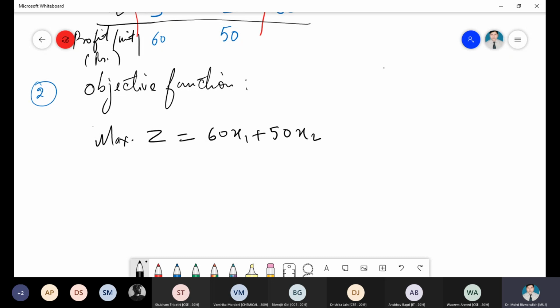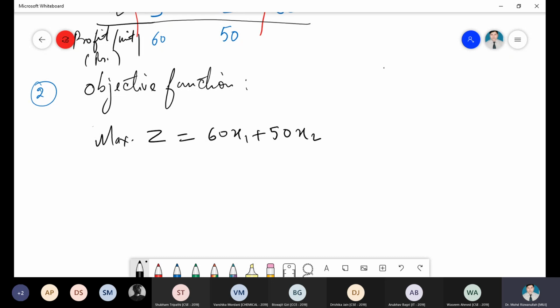x1 is large and x2 will be so large, but it cannot be infinity. The product cannot be infinite. You cannot produce x1 or x2 at an infinite level. There must be some limit on the number of units to produce x1 and x2.